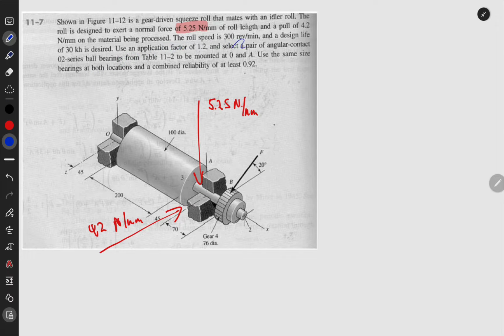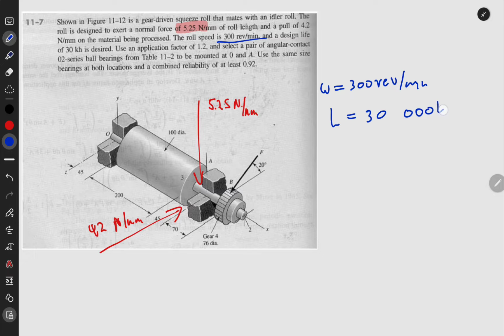Okay, cool. Then we are given omega, which is 300 rev per minute, and we are given the life, how long it should run, which is 30 kilo hours.